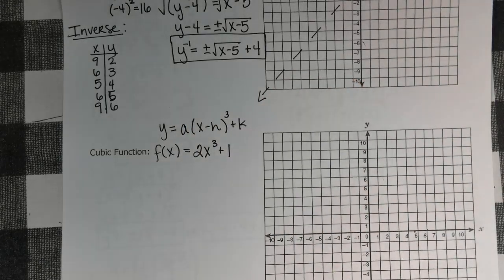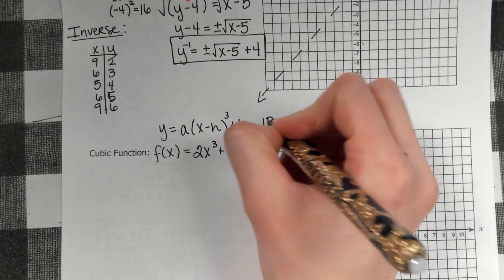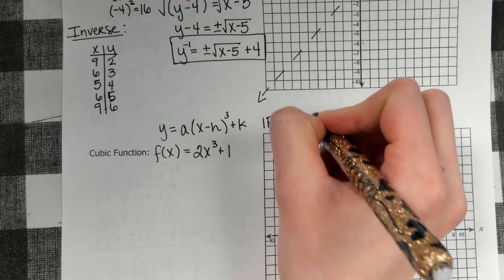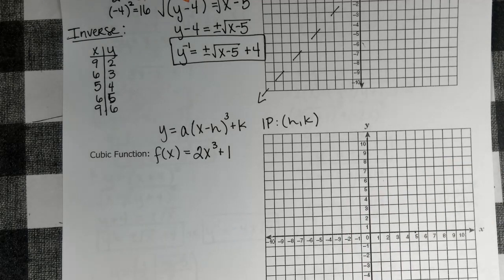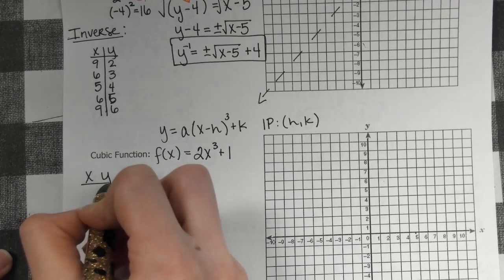This should be it. I was talking and didn't finish the k. All right. So your inflection point is that (h, k). Remember your inflection point, if it's in the middle of your graph, it should be in the middle of your table. That's how we build our table for cubic. Okay.